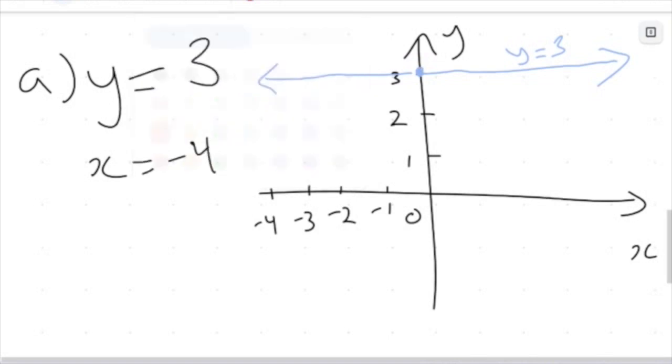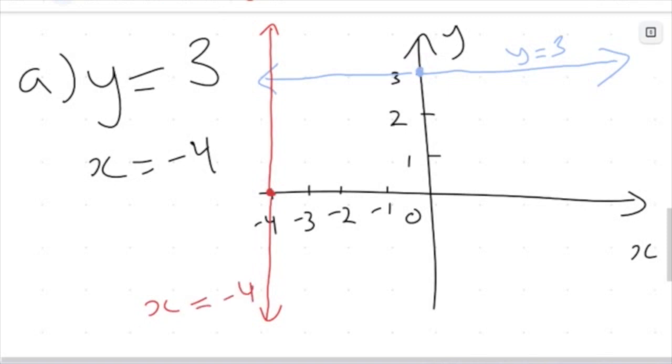And all I have to locate is my x equals -4. The point along the horizontal axis when x is -4. So that's here. And it's going to be -4 no matter what y is. Whether y is 1 or 2 or 3 or 4 or any number, I'm always going to have -4 as my x. So that is going to be how I draw this line.